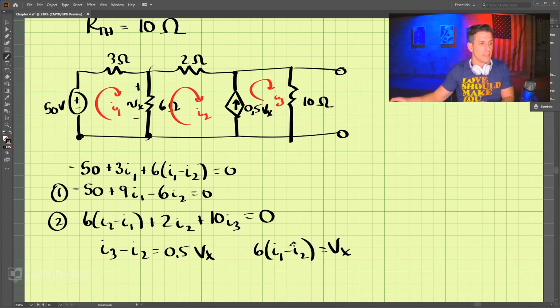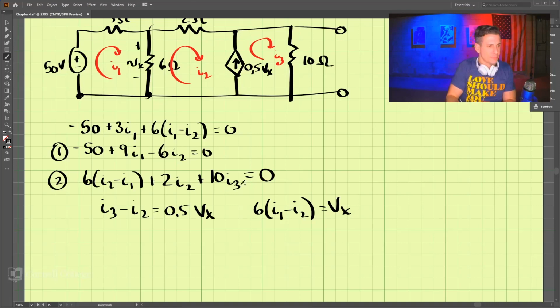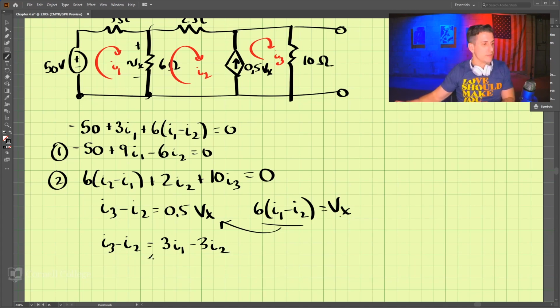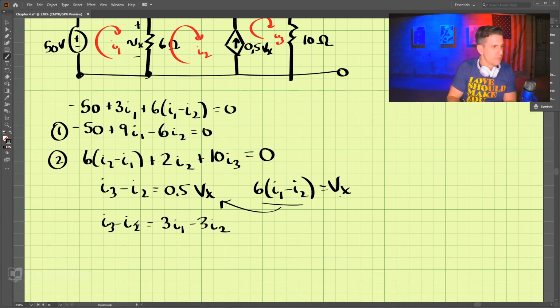So let's plug this value in here first. We have I3 minus I2 is equal to 3I1 minus 3I2. Let's move I2 over here.